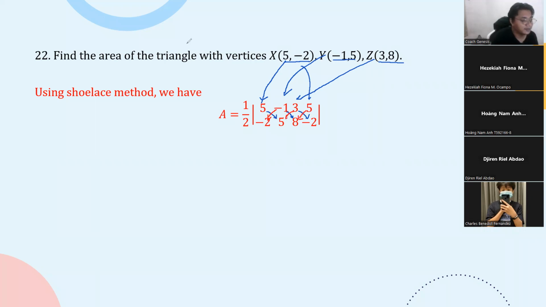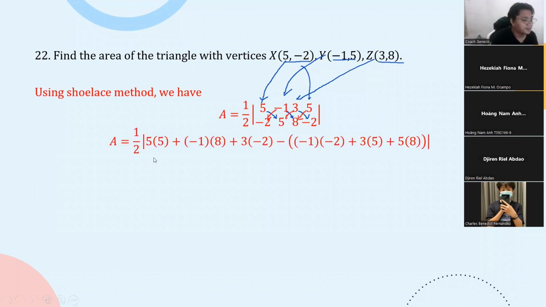So as you can see, it looks like a shoelace. So we have area is equal to 1/2 multiplied by the absolute value of 5 times 5, as you can see in the blue arrow, plus -1 times 8, plus 3 times -2, minus -1 times -2, plus 3 times 5, plus 5 times 8.